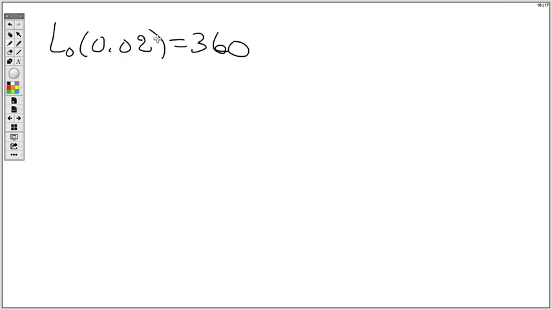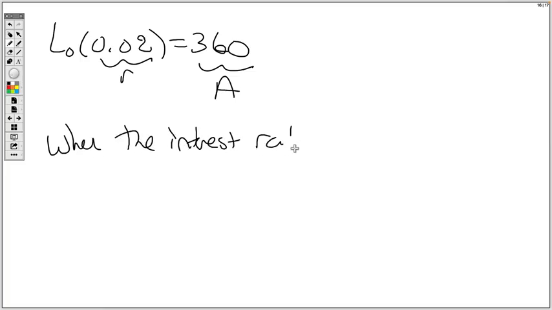So what does that mean? We plugged in 0.02. This is an r value. What comes out is an A value. You with me or not? So this says when r is the interest rate, so 0.02 corresponds to what rate? 0.02 is how many percent? 2%.